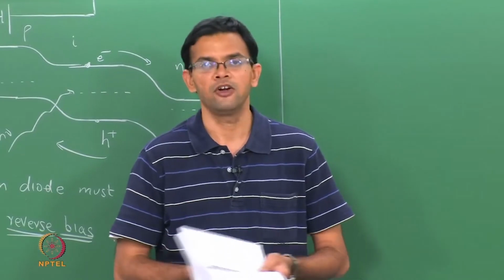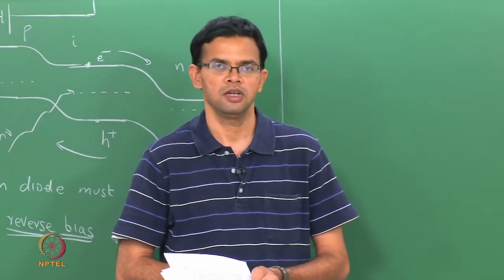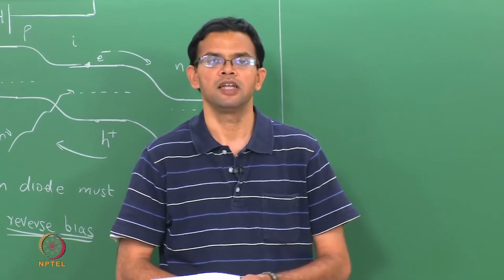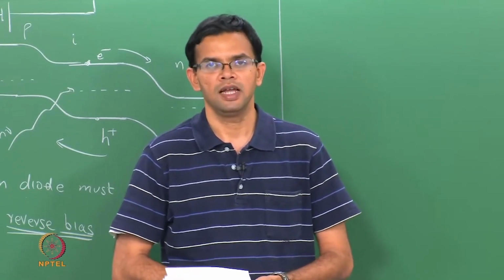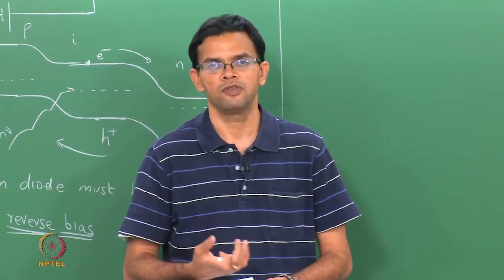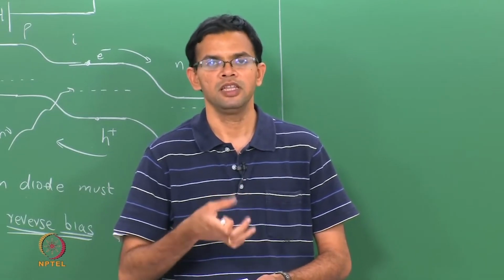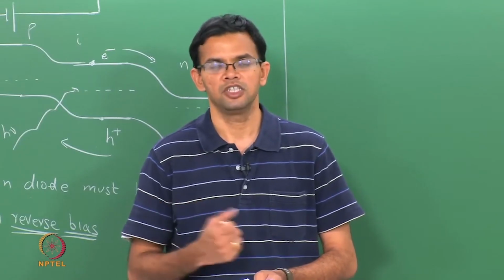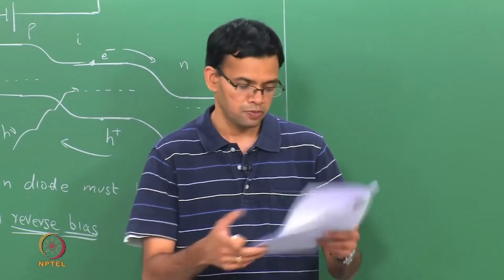A typical diode is nothing but a p-n junction. These electrons and holes recombine and basically give you light. The wavelength of the light depends upon the band gap of the material. So, by tuning the band gap of the material by adding different dopants, you can essentially tune the light output.